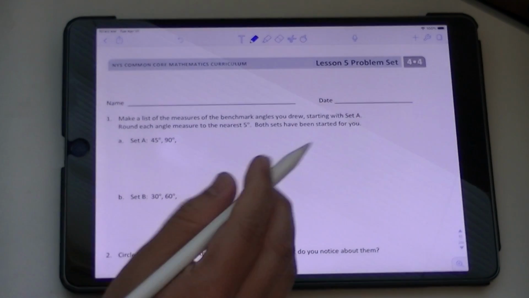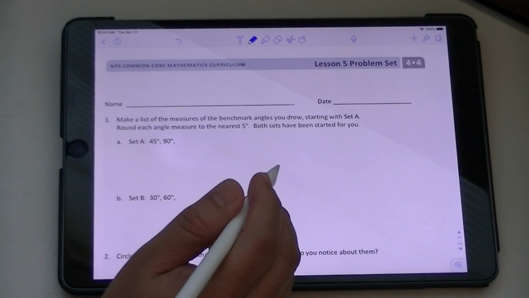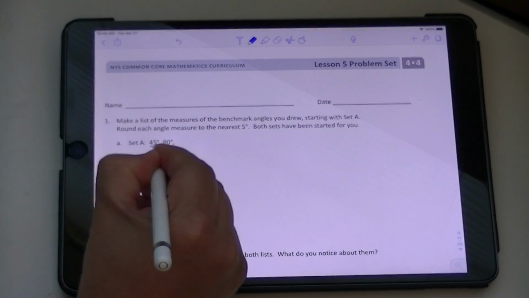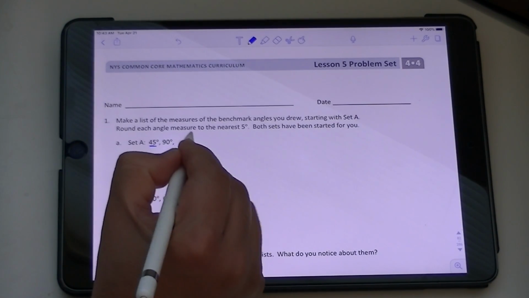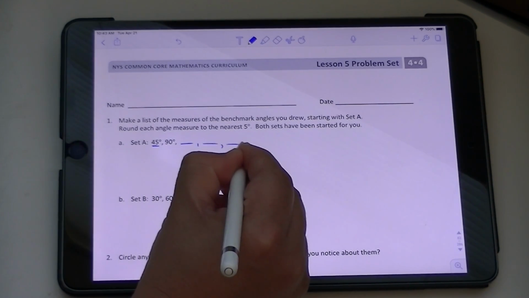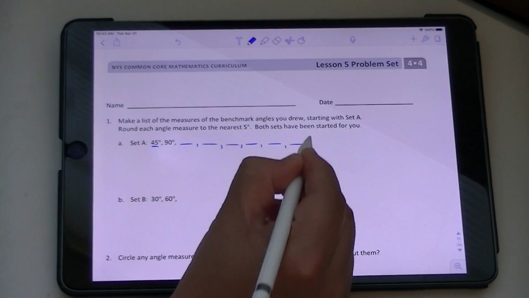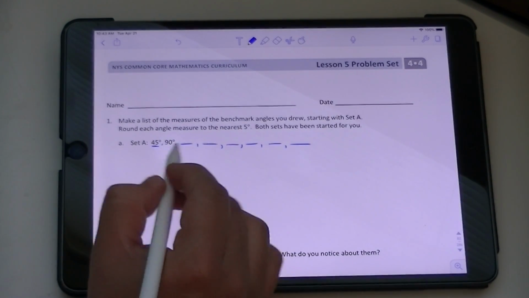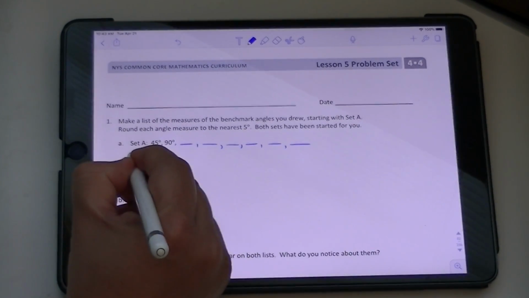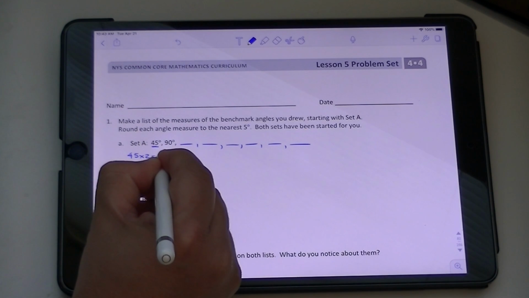Okay, so for A, what we're going to do is multiples of 45. So you have 45 here, and then you are going to complete about 6 multiples of 45. So you have to think about 45 times 2 equals 90.